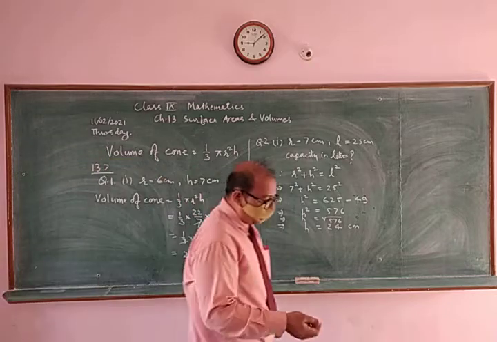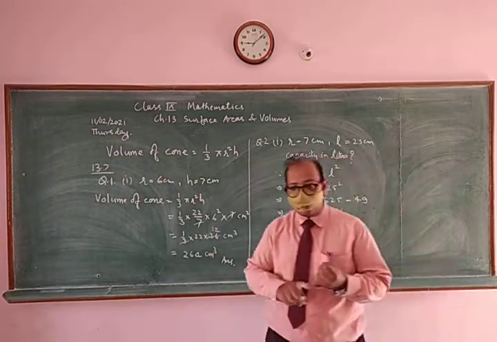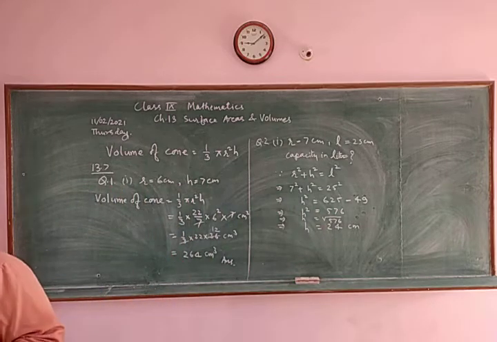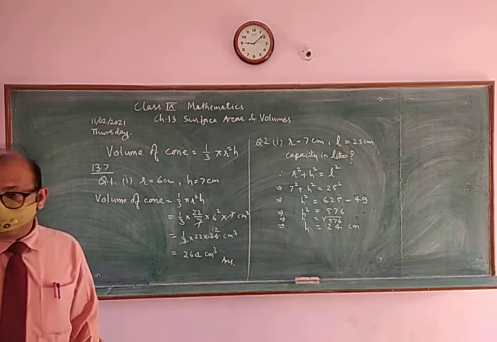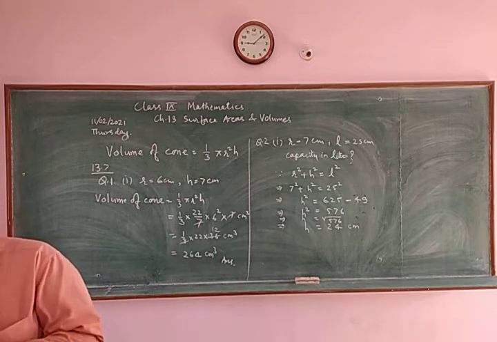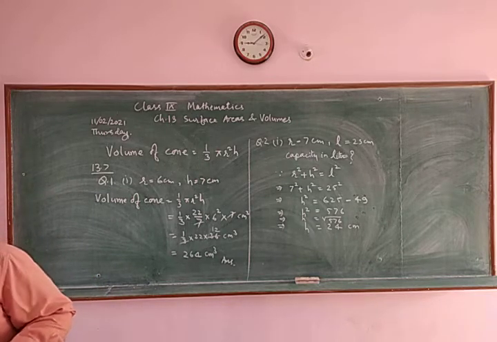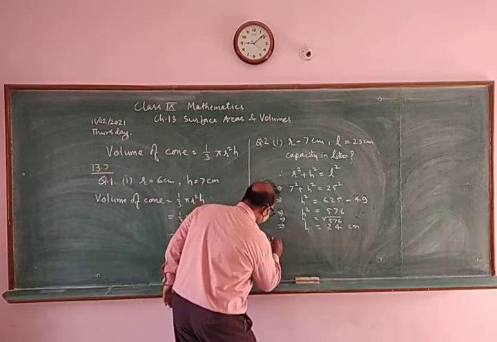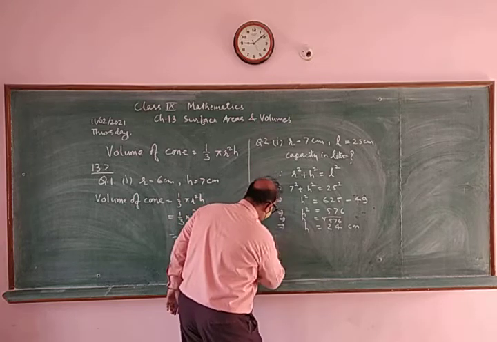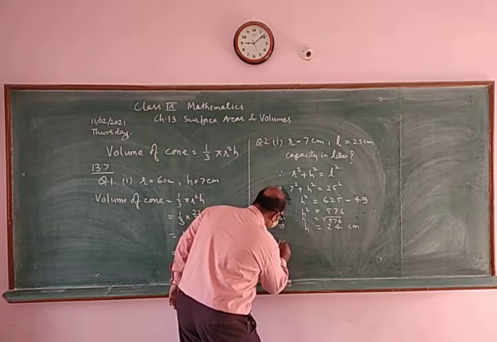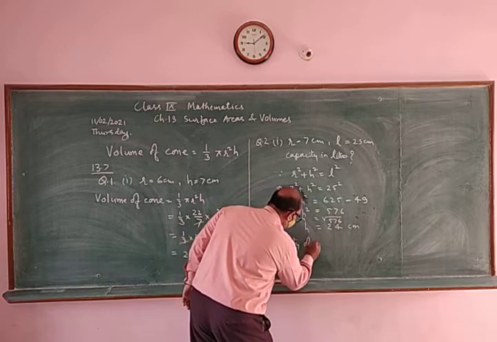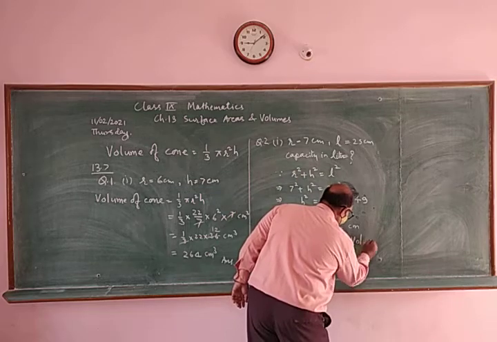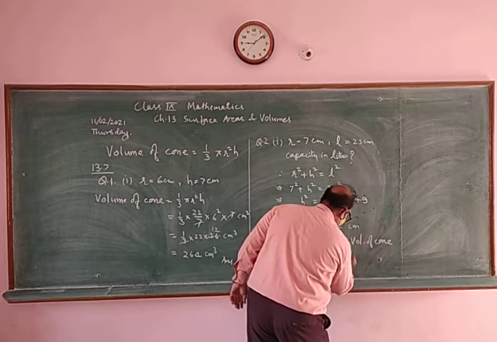Now we find the volume. We need radius and height, and now we have both. Now we put the values of radius and height in the formula of the cone. The capacity of the vessel is equal to the volume of the cone.